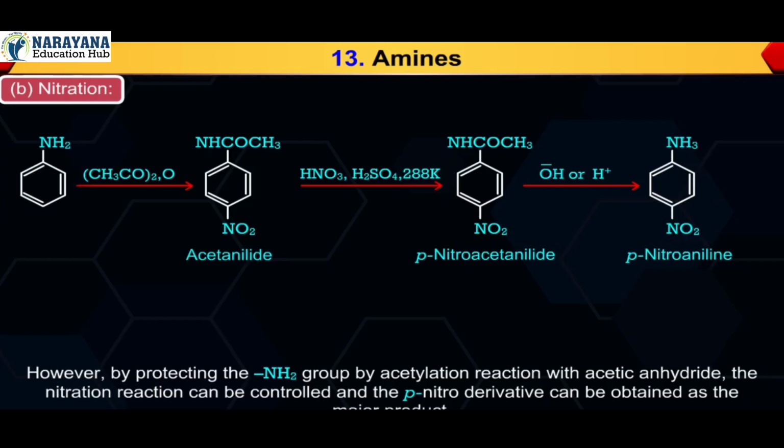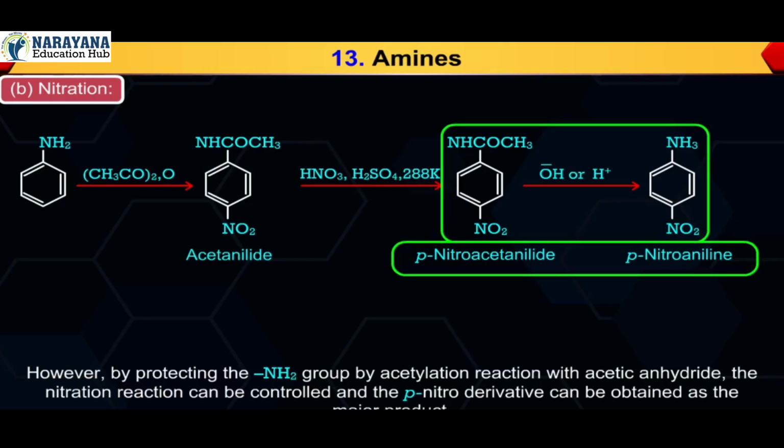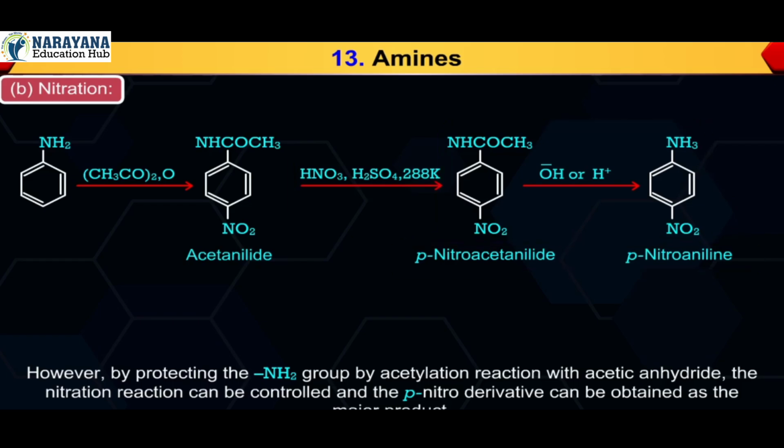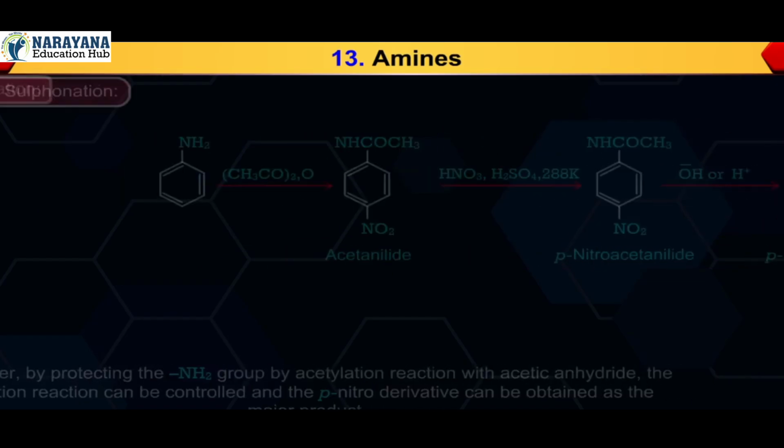Aniline, in the presence of (CH3CO)2O and pyridine, gives acetanilide, which in the presence of HNO3, H2SO4 at 288 Kelvin gives p-nitroacetanilide. In the presence of OH- or H+, this gives p-nitroaniline.